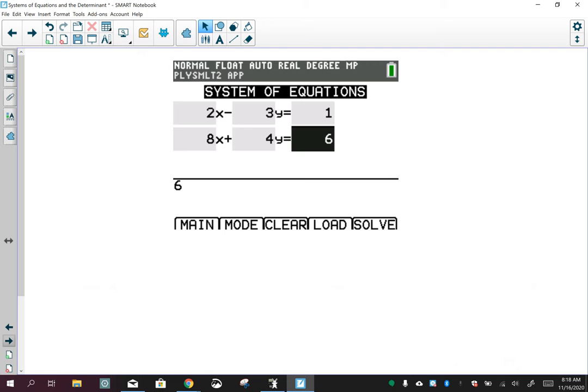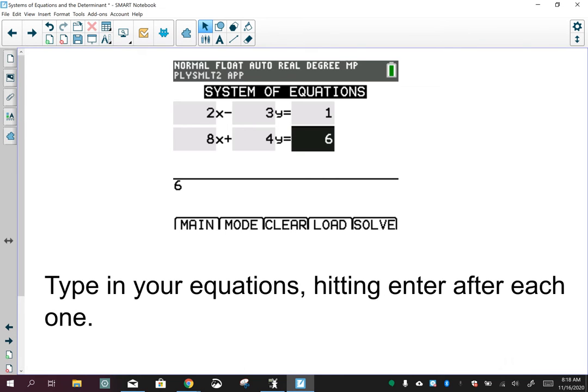Then you type in your equations as you see them. For the coefficients up front, you have to hit the little negative sign if it is a negative number. Then it goes to the plus or minus, and then you type in your number or whatever else, and you go all the way through.